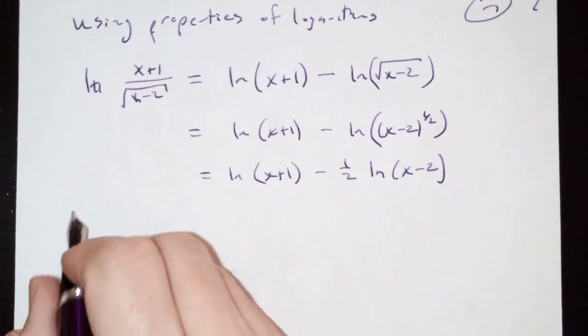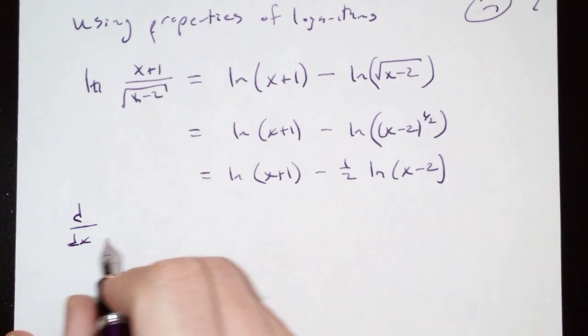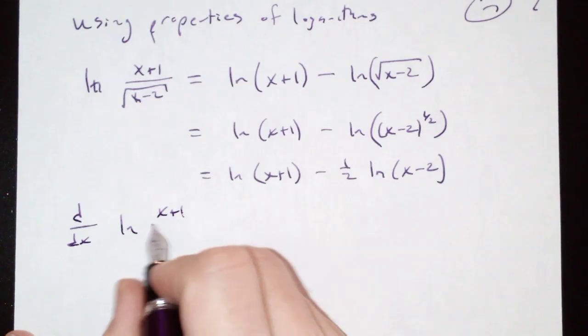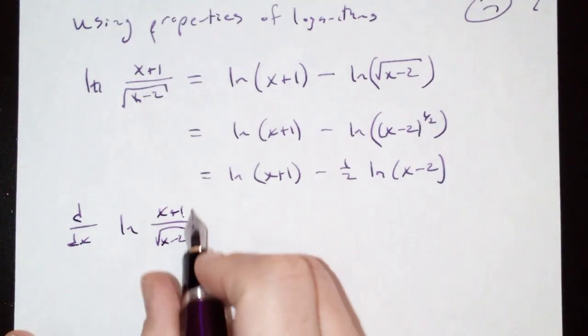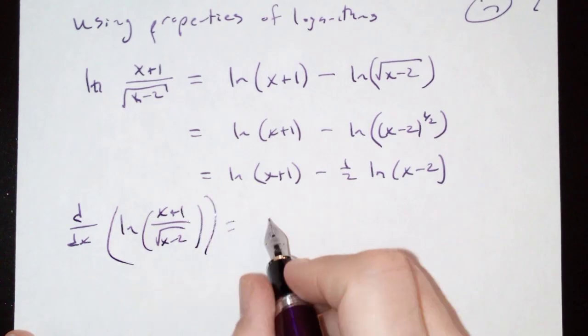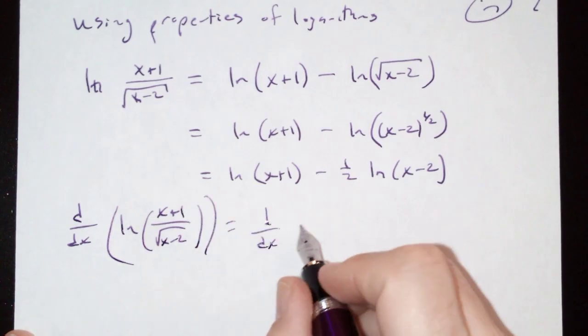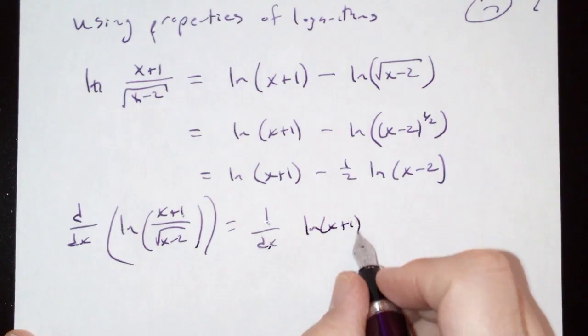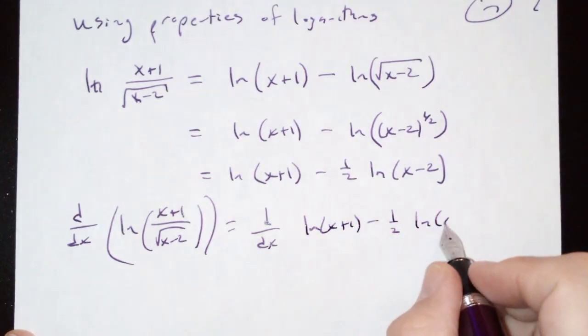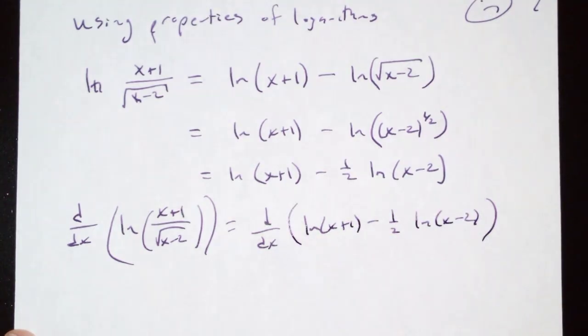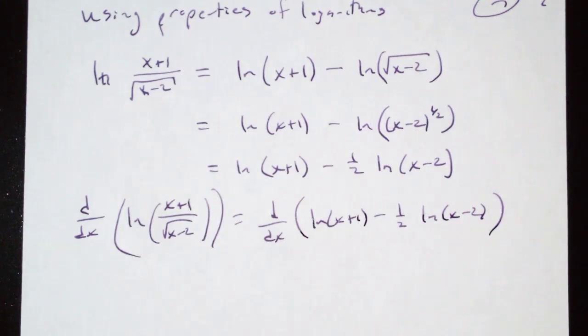So if I do the derivative of ln of this complicated expression instead by doing this derivative, well, then my chain rules just got a bunch easier.